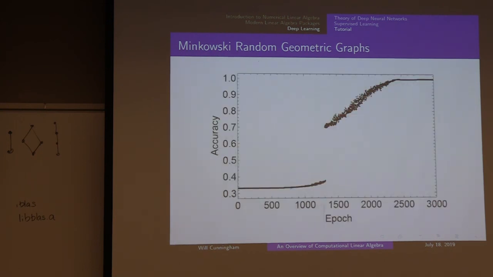And what we see is that after about 1,300 steps, it starts to learn something. The update of the weights and biases jumps from about 40% correct to about 70% correct classification. And then after that, it grows quite quickly up towards 100%.